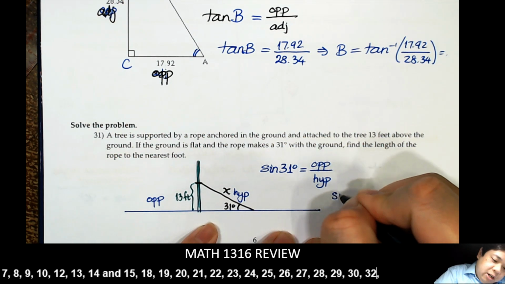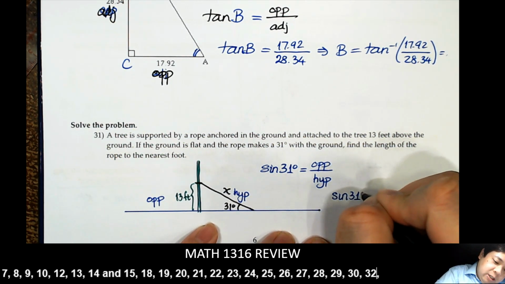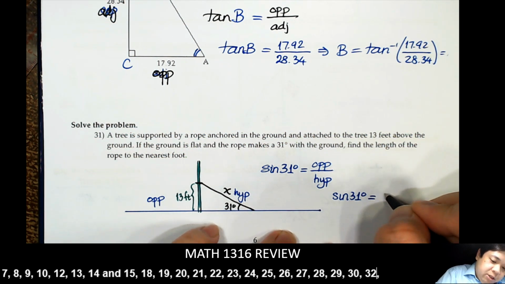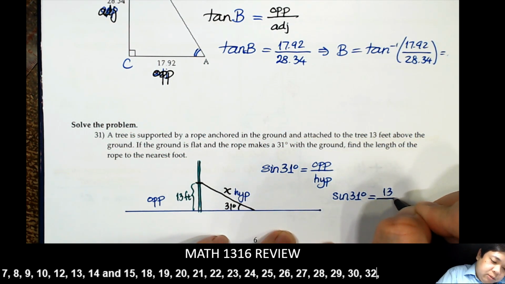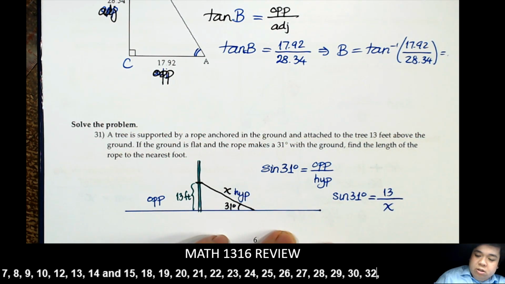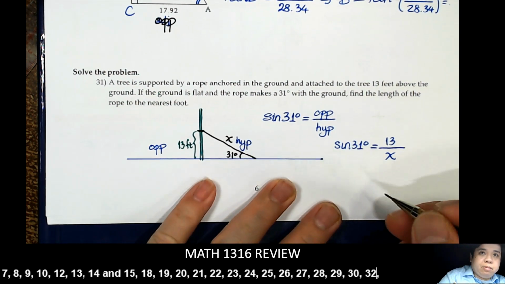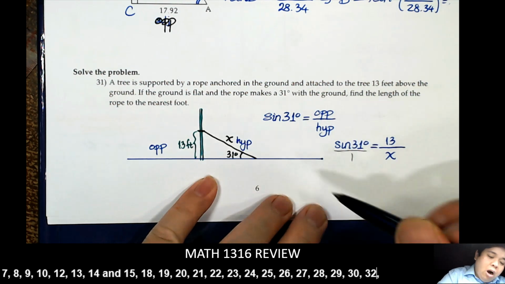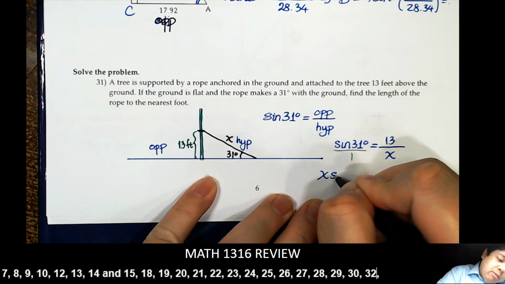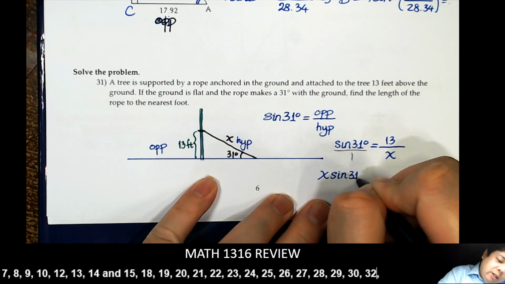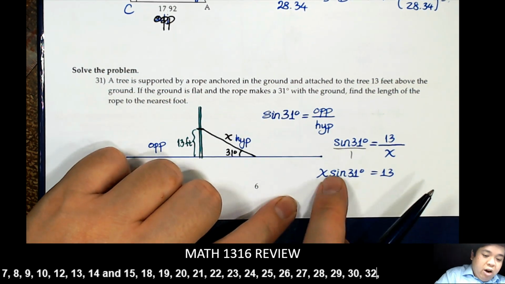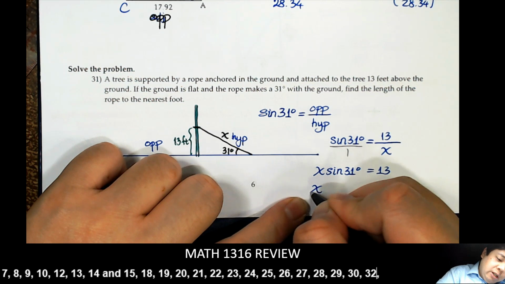So we have sine of 31 degrees equal to opposite over hypotenuse. Cross multiply: x times sine of 31 degrees equal to 13. So I will divide by sine of 31 degrees.